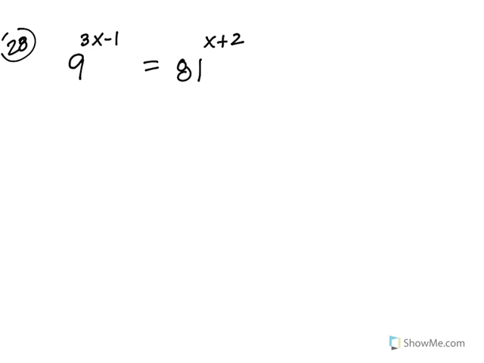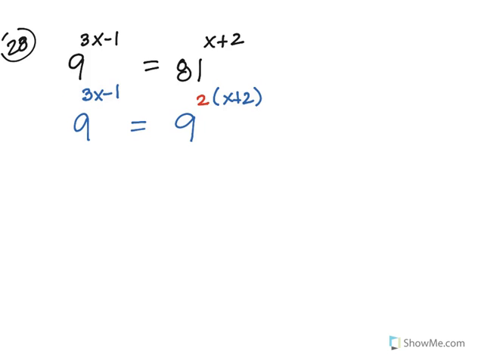So you need to write them in the same base. And we talked about that. So I'm going to write them in bases of 9. And I'm going to keep my exponent on the one that is already at 9. And on the one that is 81, I would need to raise it to the second power in order to get 81. And then I bring that original exponent down.